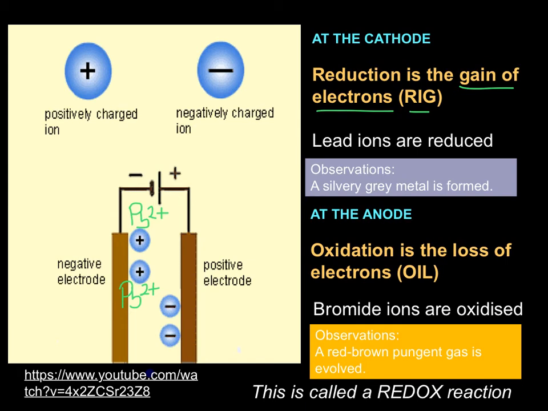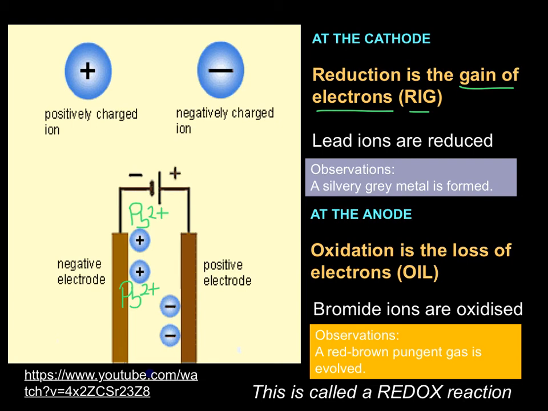Now, to the right then, we have got a little box for your observations. Because we're forming lead, we will see lead being formed, and lead is a silvery grey metal. And these observations are really important. Now, the last line on page 116, we're asked for a half equation.